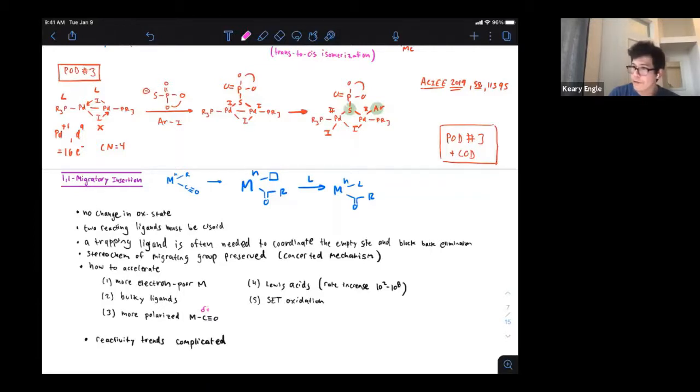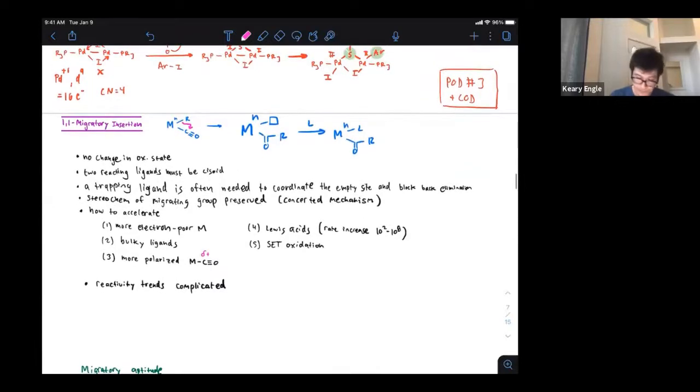Often, not always, migratory insertion is thought of as this alkyl group being nucleophilic and adding into the electrophilic carbonyl. It can happen with the opposite polarity, where the carbonyl actually is adding into the metal alkyl or metal aryl fragment, but in general, this is the preferred polarity mode, which means that a more delta plus carbon group on the carbonyl accelerates the reaction.